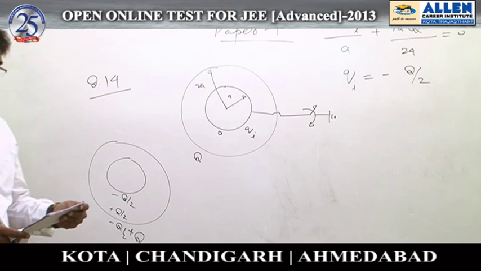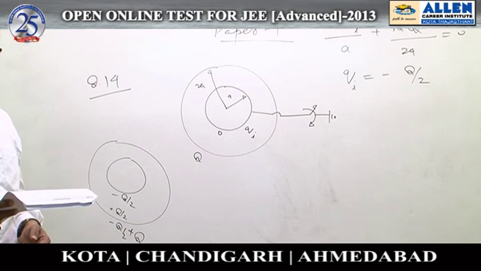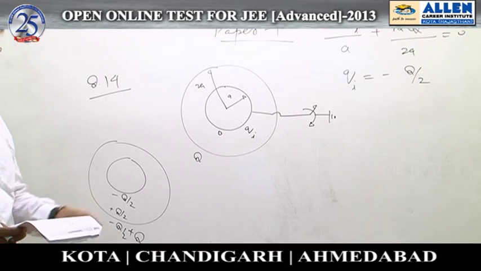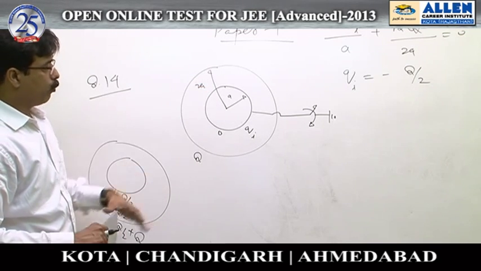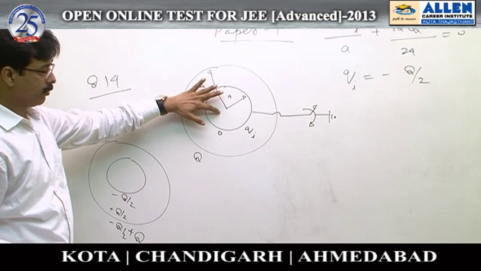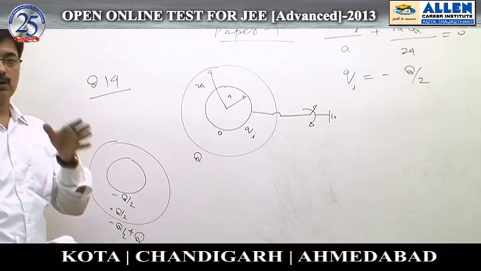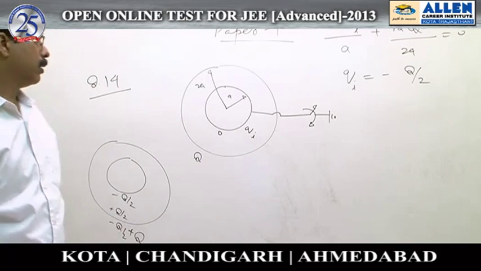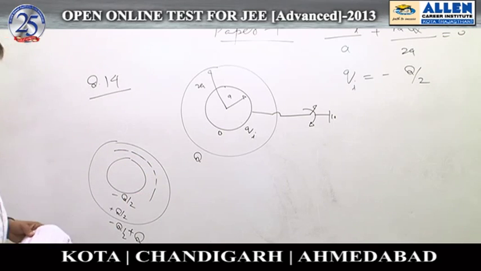Now, for drawing the graph, we should know the potential functions as well as the electric field functions. Let's check the potential functions first. Since the inner shell is grounded, the potential inside it should be 0. That means from 0 to a, our graph should show 0 potential. Now check the region between the shells.